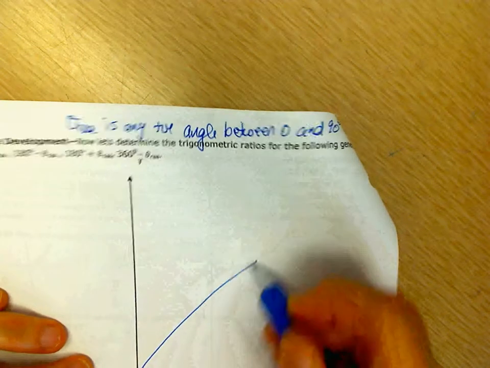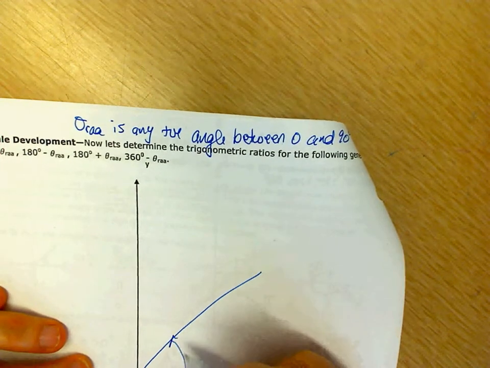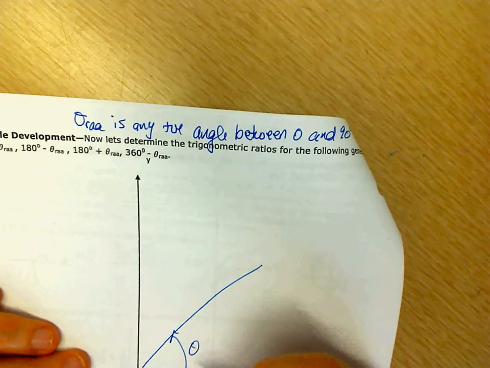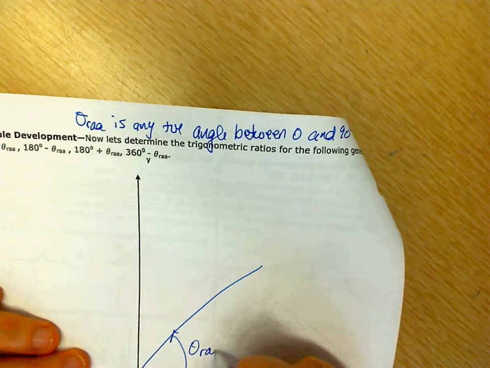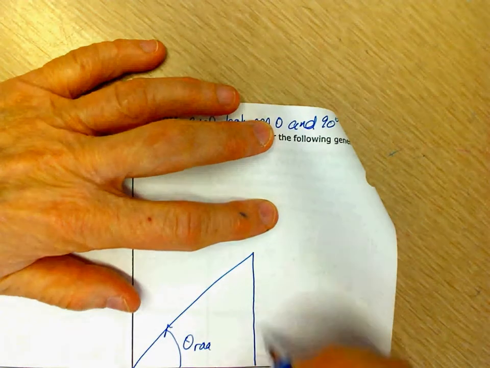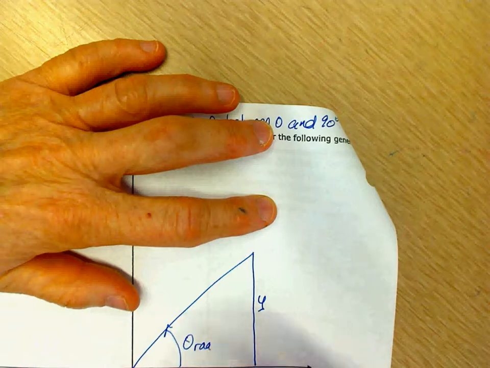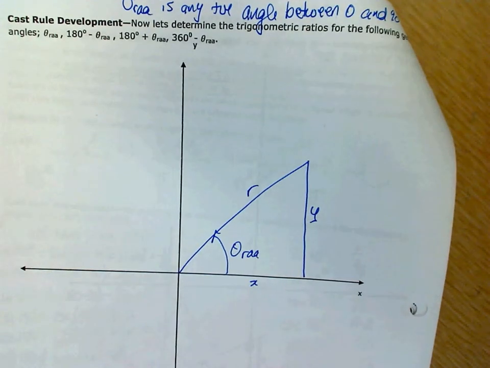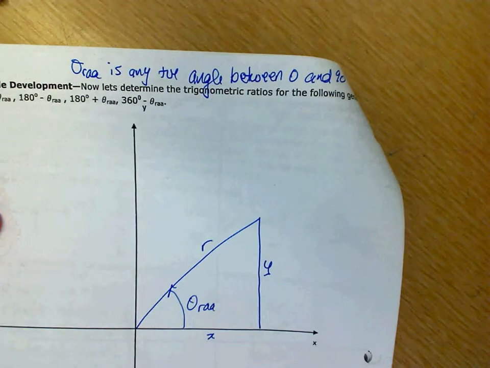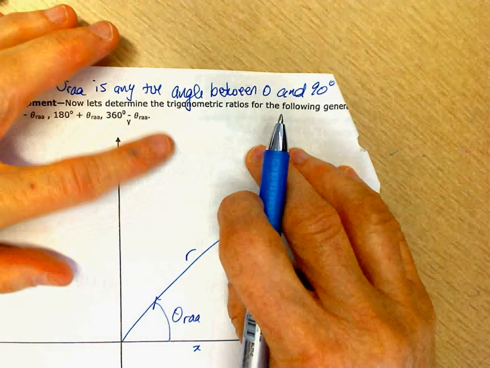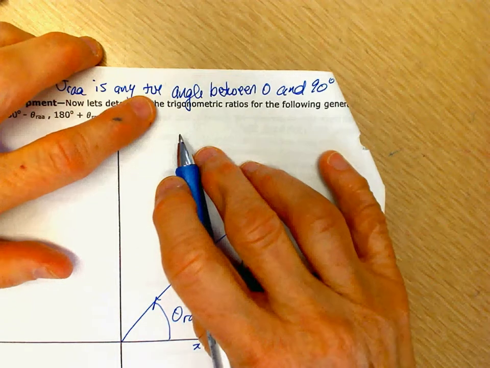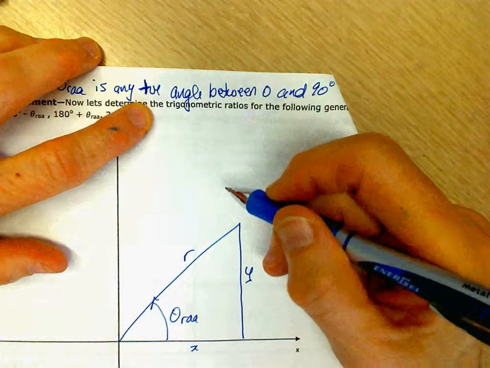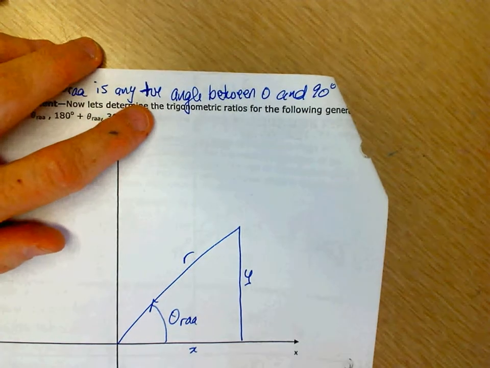Theta RAA could be 45, 75, 89. So you know this is Y, this is X, this is R. What does it say after any? Any positive angle, that's my short form for positive. It's any positive angle between 0 and 90.